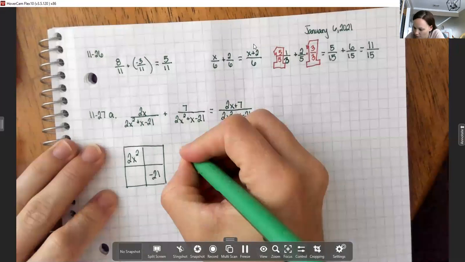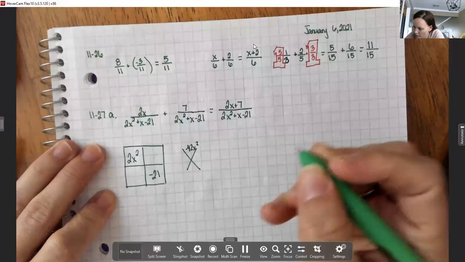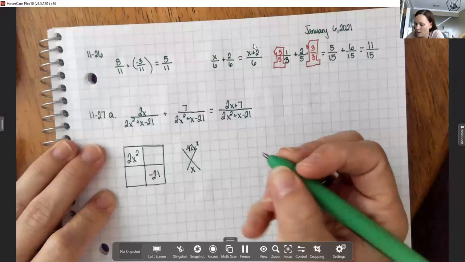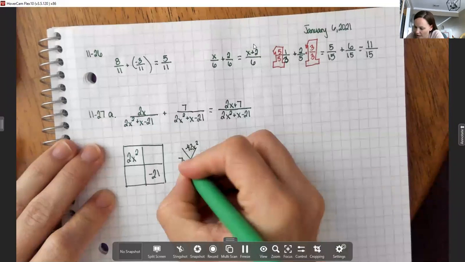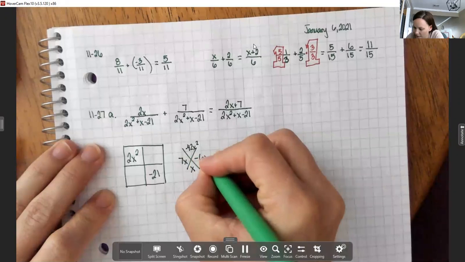So we get negative 42x squared. X is on bottom, so this is going to be 7x and negative 6x.